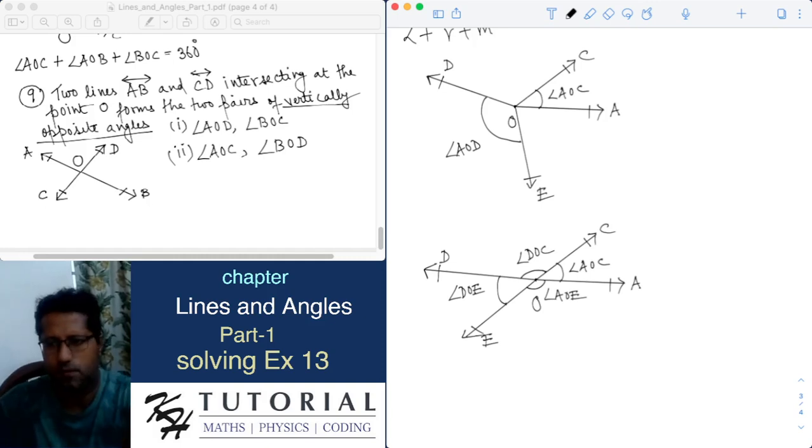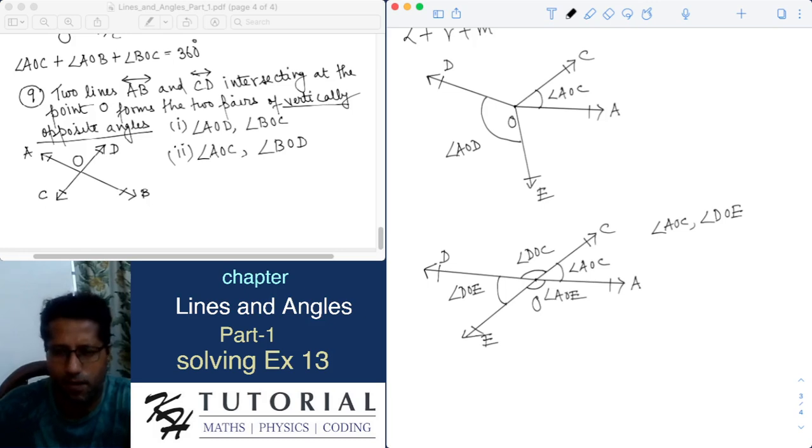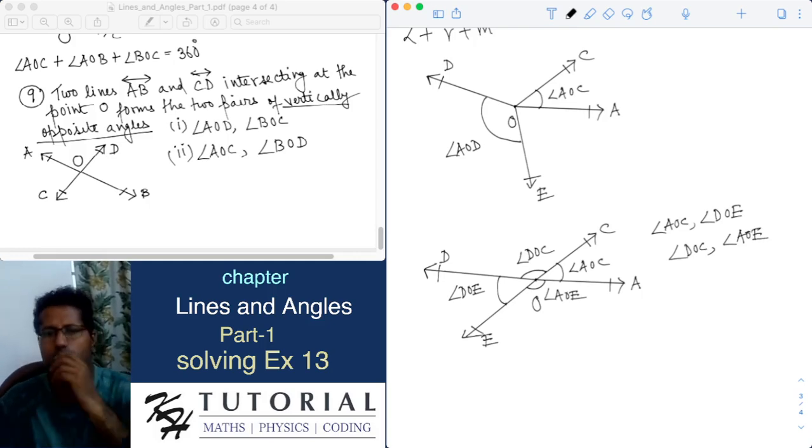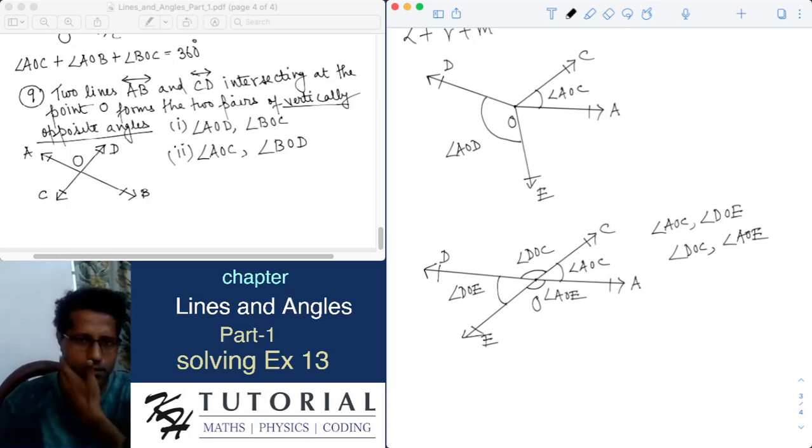So angle AOC and angle DOE is one pair of vertically opposite angles, and the other pair is angle DOC and angle AOE. I hope the concept of vertically opposite angles is now clear.